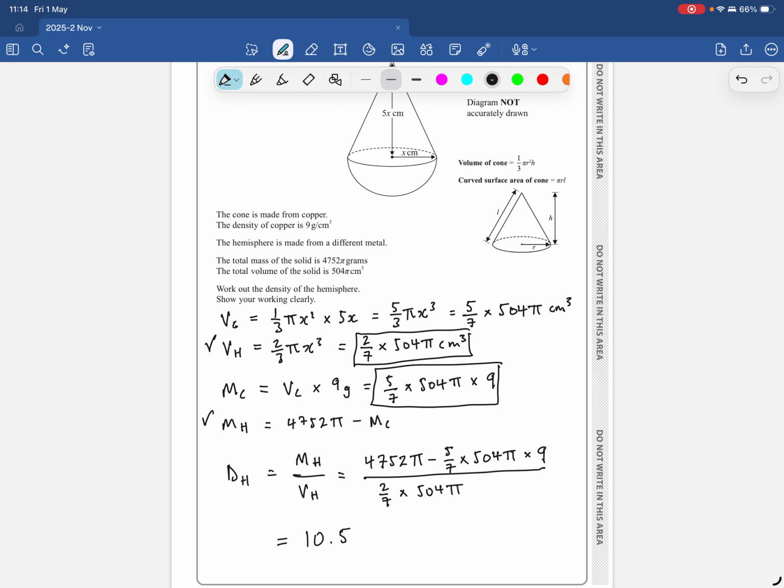So if you had a hemisphere that was half polystyrene and half lead, then yes, there'd be 50-50 as far as volume is concerned, but they certainly wouldn't be 50-50 as far as mass is concerned. So you've got to be a little bit careful there. It's really this information here that allows you to work out the actual mass of the copper, and then you can take that away and get the actual mass of the hemisphere.